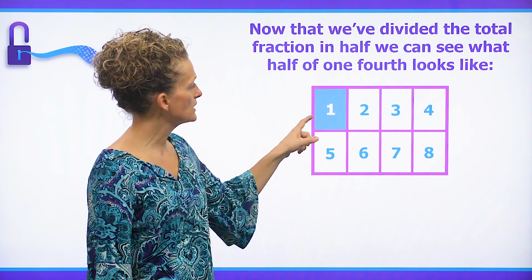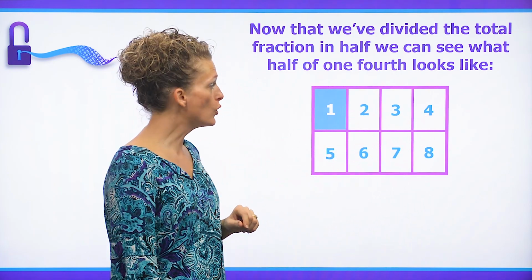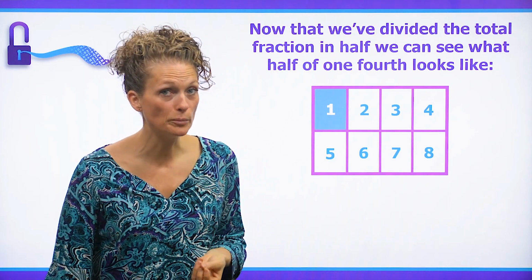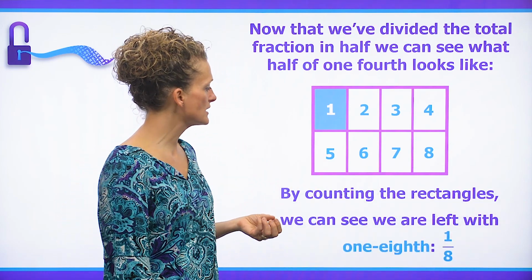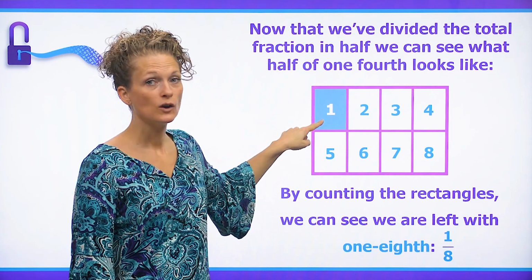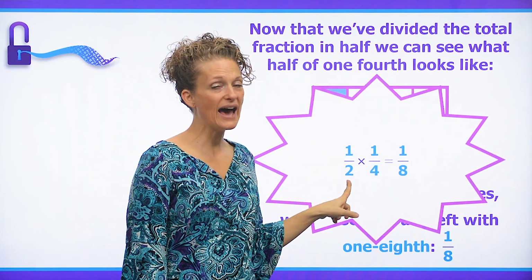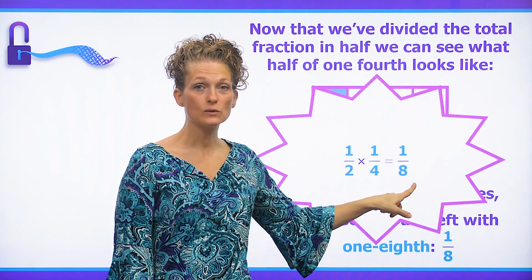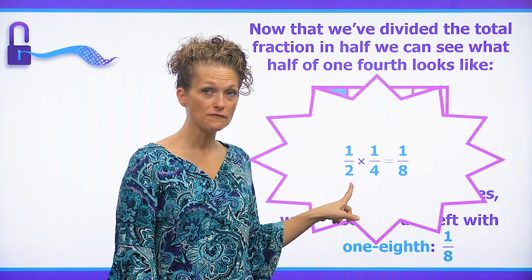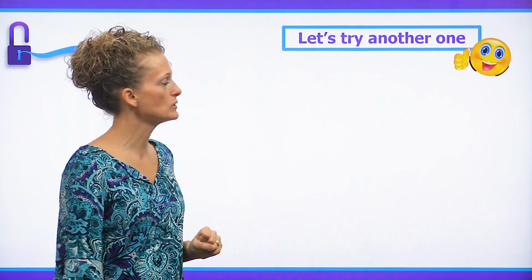And so if we look at how many equal pieces we now have, our whole has been divided into 8ths, or 8 equal parts. And so by counting these rectangles and then our shaded portion, we are left with 1/8. So we can say that 1/2 times 1/4 equals 1/8. Another way to look at it is 1/2 of 1/4 is 1/8. All right, "is" means equals.